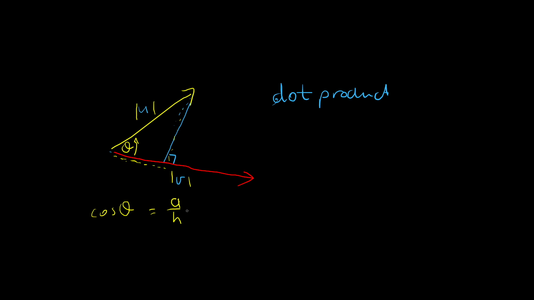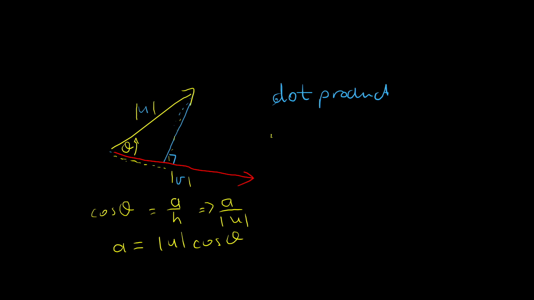And we know that a in this case is going to be the adjacent part, is what we want to calculate, and the hypotenuse is the magnitude of u. So if we want to get the value of a, it is the magnitude of u multiplied by cos theta. So dot product is the magnitude of the one vector in the direction of the other vector multiplied by the other vector's magnitude.